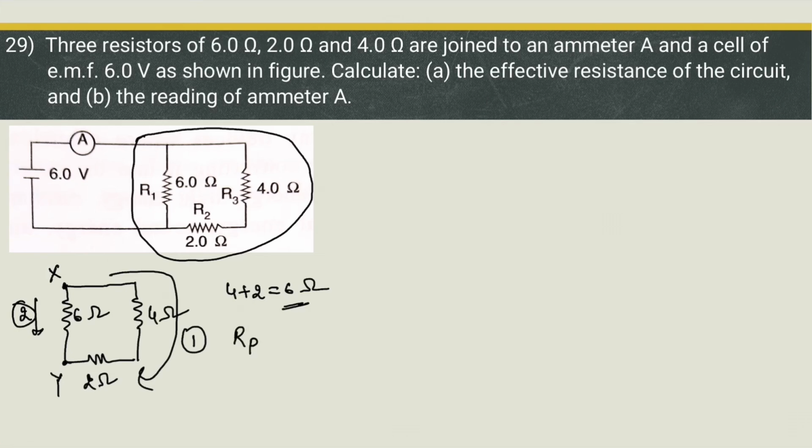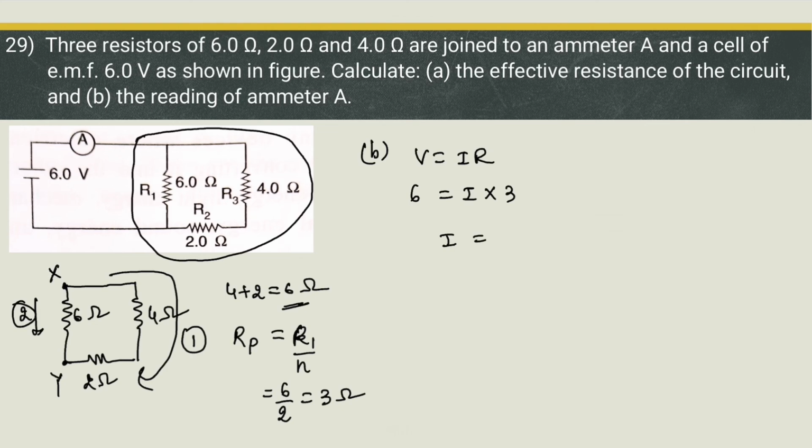So Rp of this entire network is now, we can say R1 by N, that is 6 by 2, 3 ohm. So effective resistance of this circuit is 3 ohm. And then what is the reading of ammeter? So we can say V is equal to IR, voltage is 6, I is the current, and R is equal to 3. So I is equal to 2 ampere.